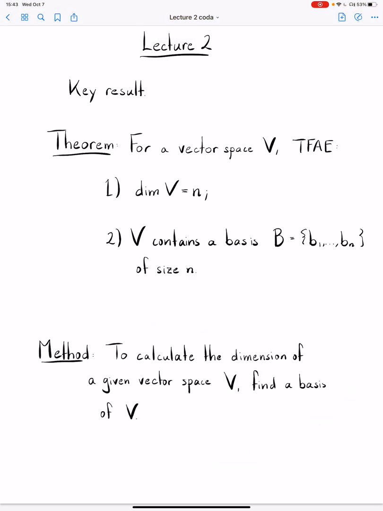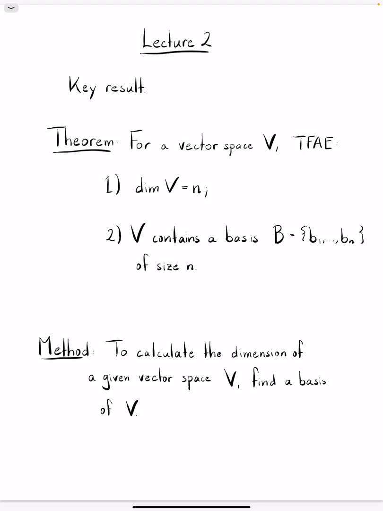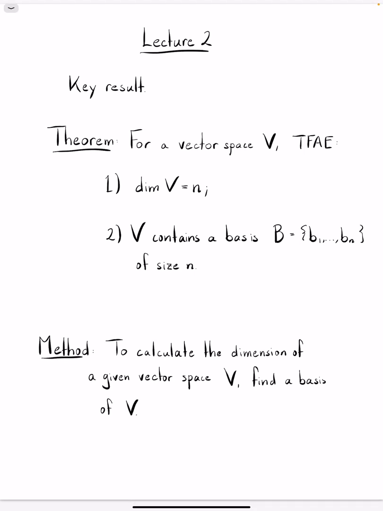In other words, a linearly independent subset of V which spans V, meaning that every vector can be written as a linear combination of basis vectors, in fact in a unique way, as was proved in lecture 1. Then you just count the number of items in that basis, and that is the dimension of V.